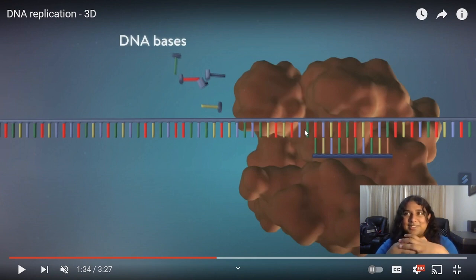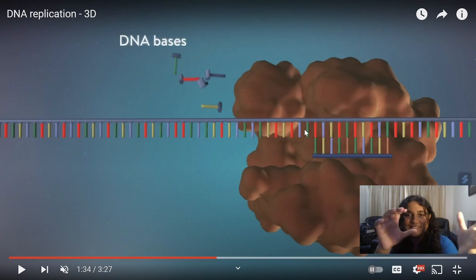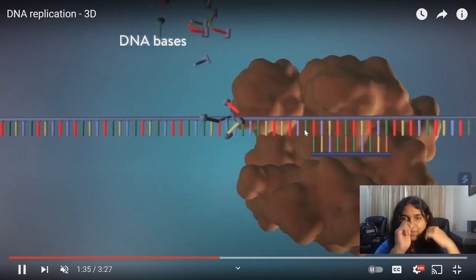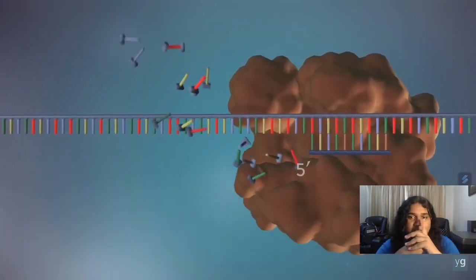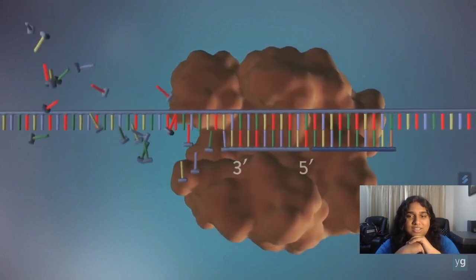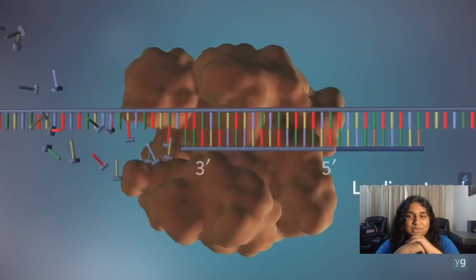DNA polymerase in DNA replication and RNA polymerase in protein synthesis have the job of rounding up all of these bases and using them to complement the template strand. So DNA polymerase is here, joining up all of its base pairs, and it works in the 5' end through to the 3' direction.